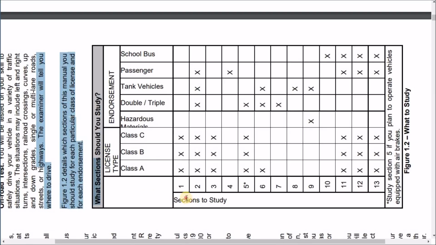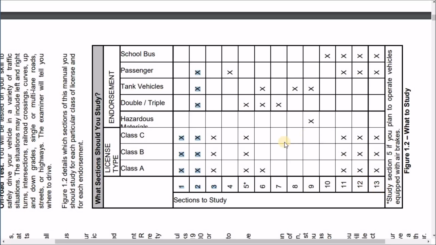And what I do is I go back and I write down what each one of these sections is for. Of course, Section 1 is the introduction, Section 2 and Section 3 needed for the general knowledge, and also Section 11, 12, and 13.